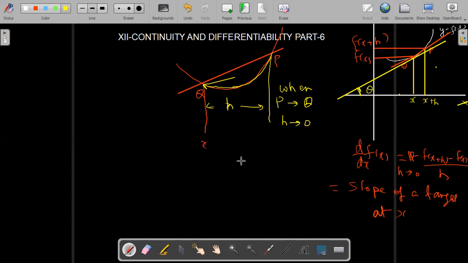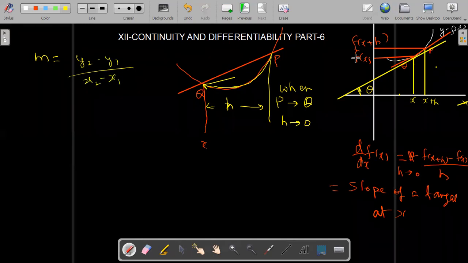So how? We will find the slope. What is the formula of slope? If you remember, m is equal to, if a line is passing through 2 points, its slope is (y2 minus y1) upon (x2 minus x1).